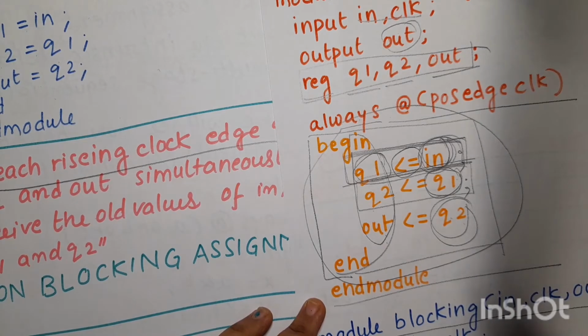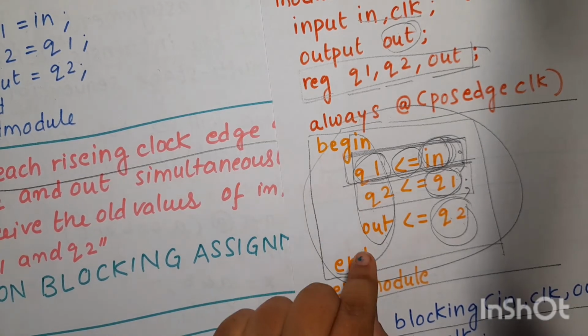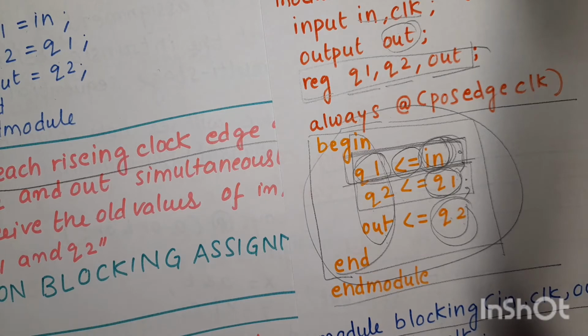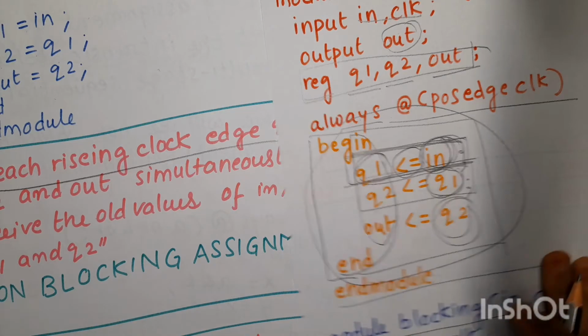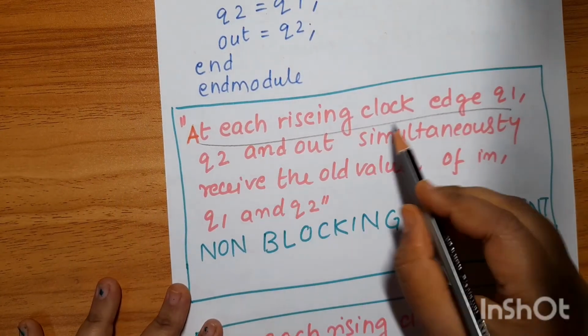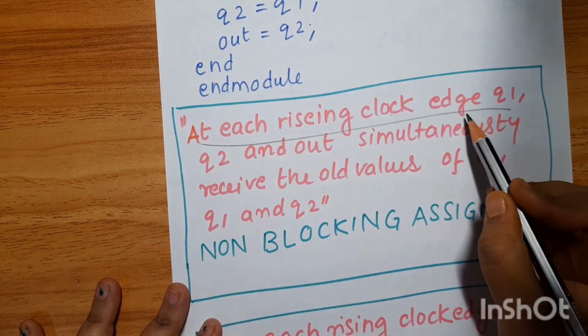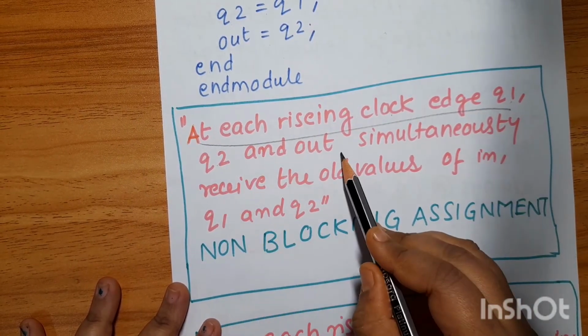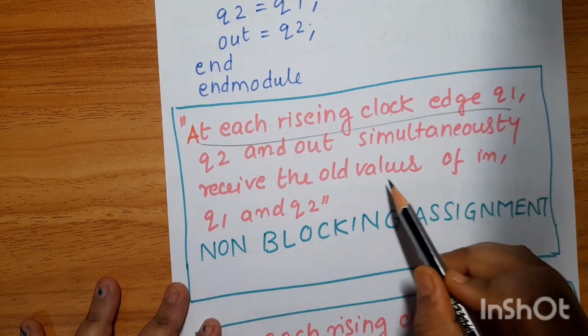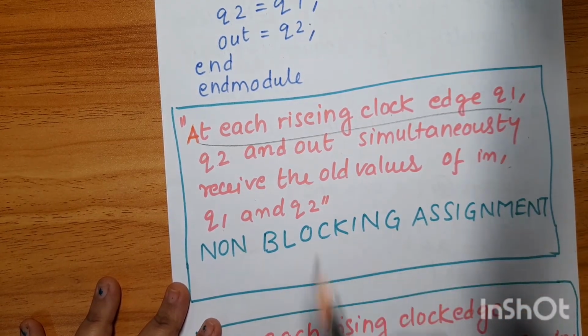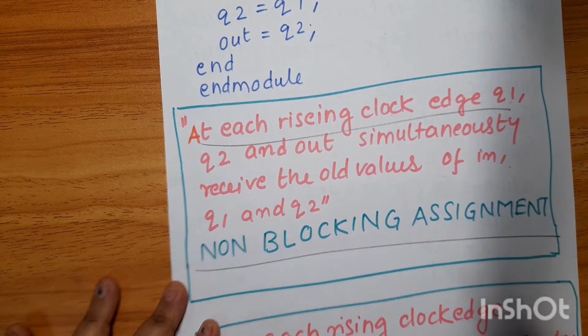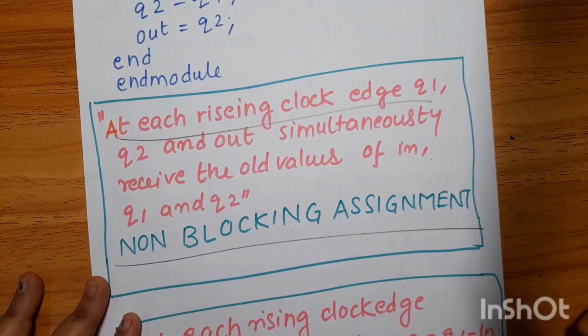At the next passage of the clock, Q1, Q2, out will get the value of in, Q1, Q2, that also the old values. At each rising edge of the clock, Q1, Q2 and out simultaneously receive the old values of in, Q1 and Q2. That is called non-blocking assignment.